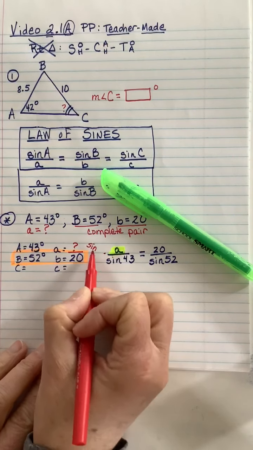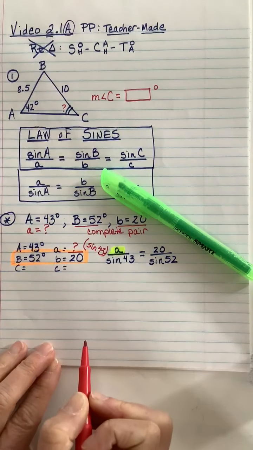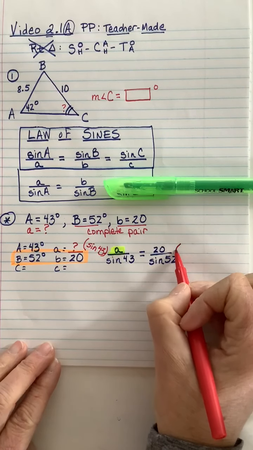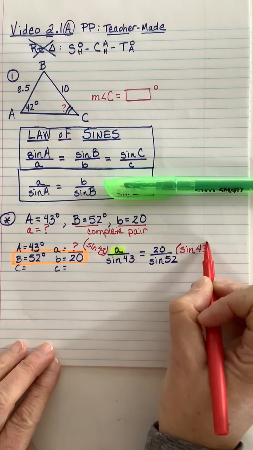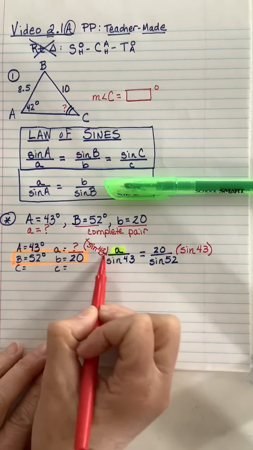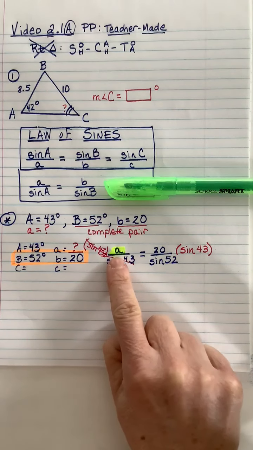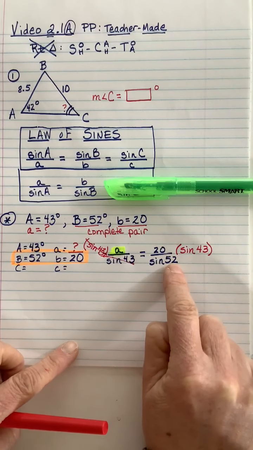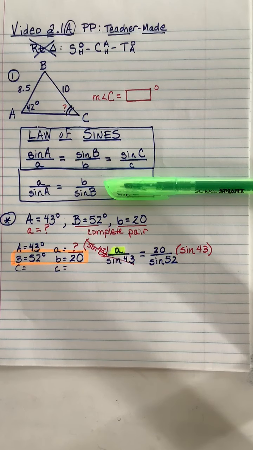So I'm going to multiply this side by the sine of 43, which means, because I'm dealing with an equation, I need to multiply this side by the sine of 43. Well, sine of 43 divided by sine of 43, that was the point. So now I've got little a is equal to this entire expression, which means in one little quick multiplying, I'm set.